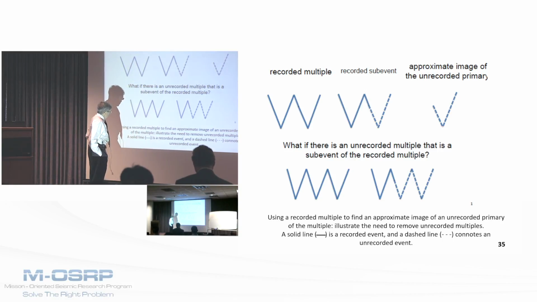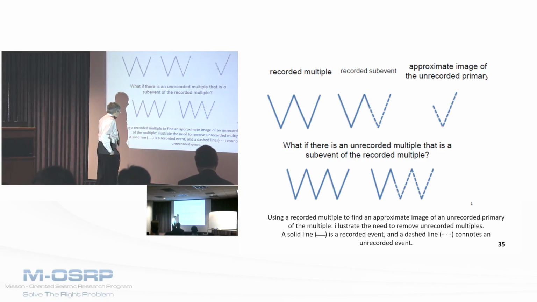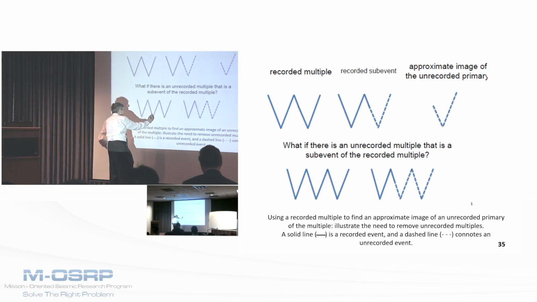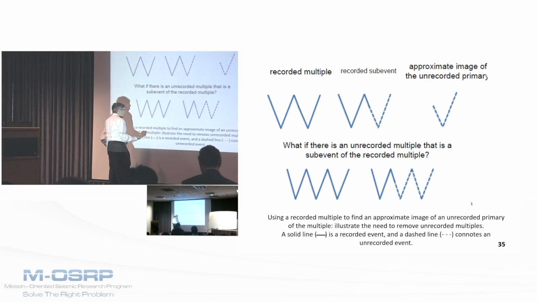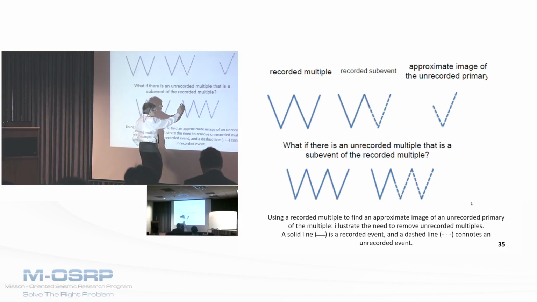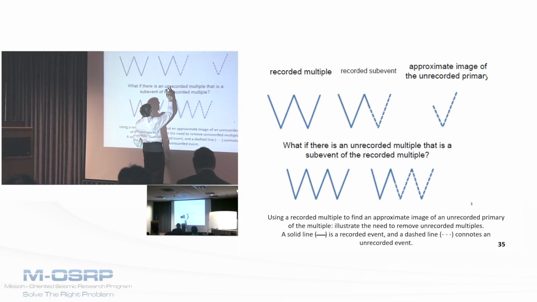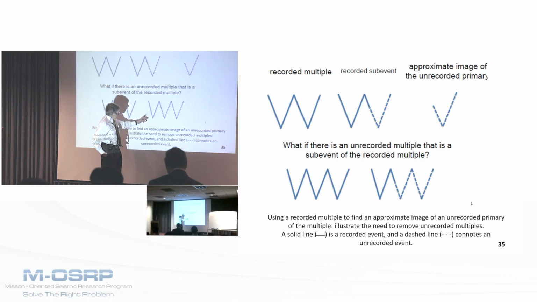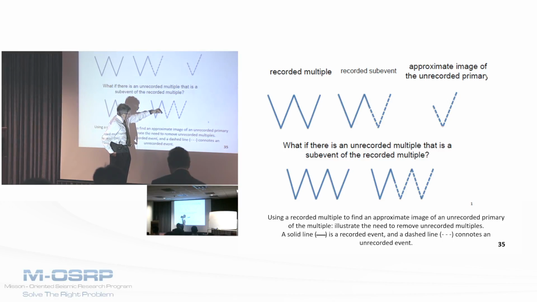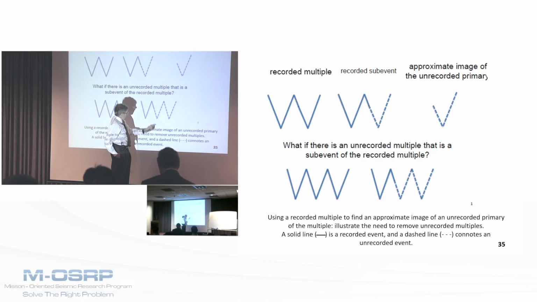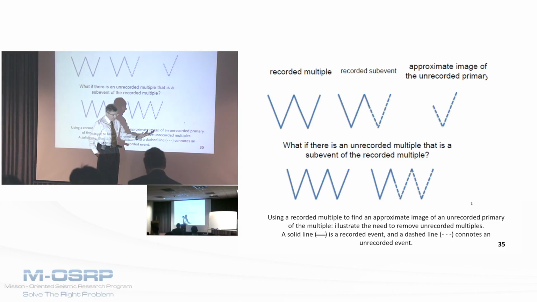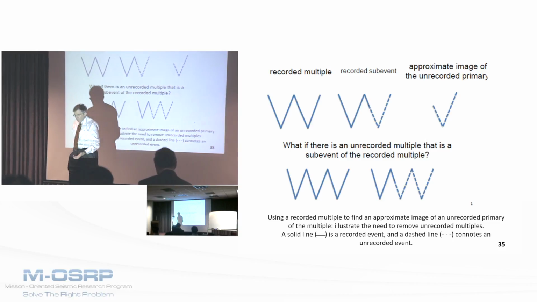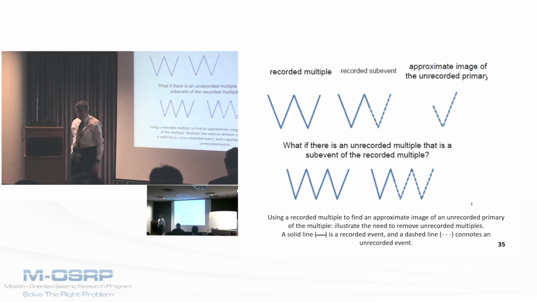So what I mentioned earlier is, let's say this is the multiple, for example, that you recorded. And let's say this is a recorded sub-event that you're going to go forward and take that multiple here and go back. But let's say this unrecorded event happens to be itself an unrecorded multiple, yes?